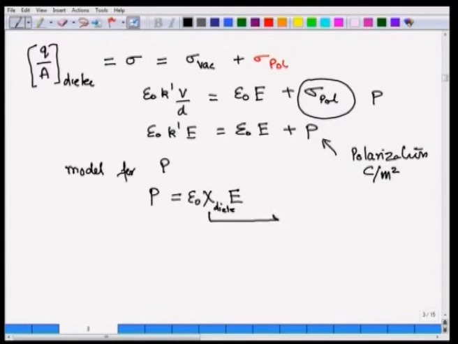So this quantity is dielectric susceptibility, chi dielectric. All these ideas you have studied before also.